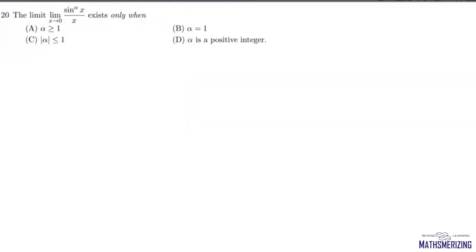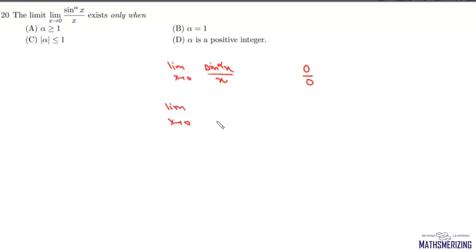Now question number 20 is, limit x tends to 0, (sin x) to the power alpha upon x, it exists only when which of the following options is correct. Now for alpha less than 0, this sin x will be in the denominator, then we'll get 1 upon infinity, and for that case we won't get any result. So for alpha greater than 0, we'll have this limit in the form 0 upon 0. Now we'll use L'Hopital's rule.